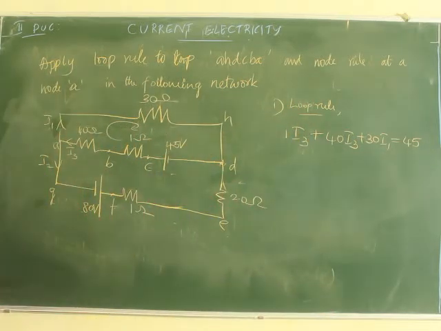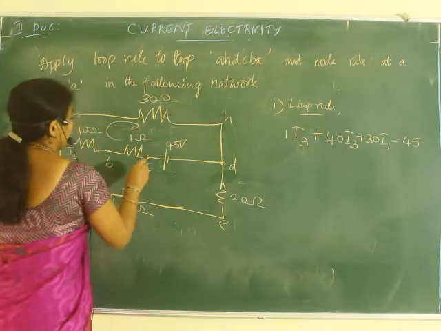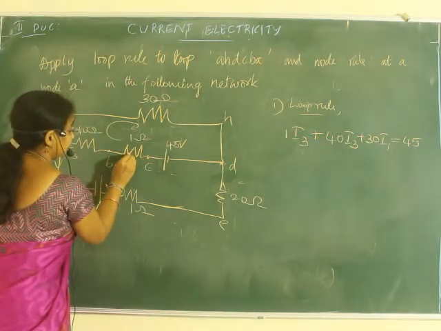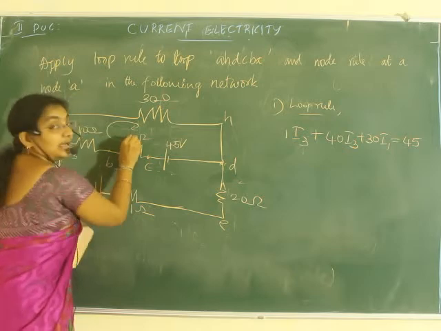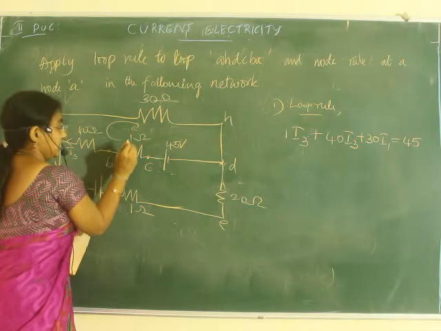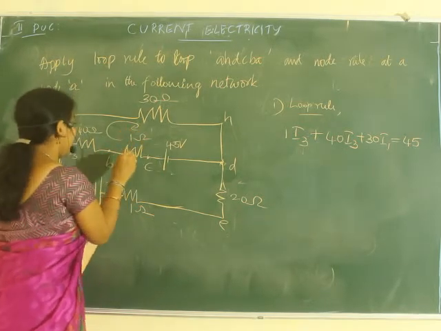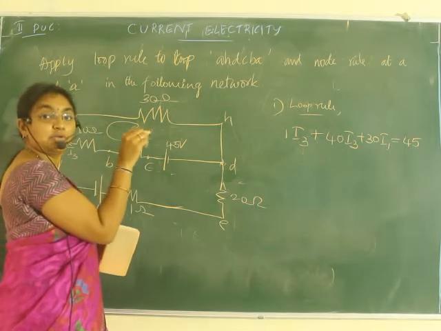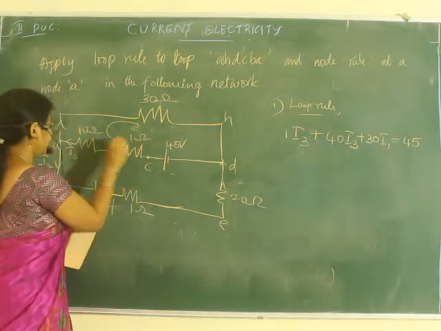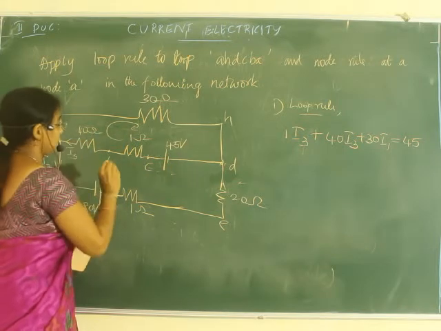Correct? Am I right? How did I write? See here. First we will start from here. For this one, the resistance is 1 and the current is I3. So resistance IR you have to write, correct? Because we are writing potential. So V is equal to IR according to Ohm's law. So I can write 1 into I3, 40 into I3, same direction, so it is positive.